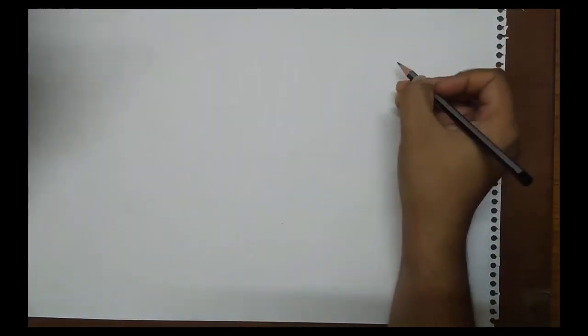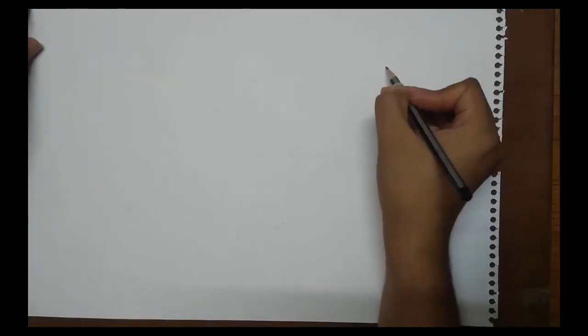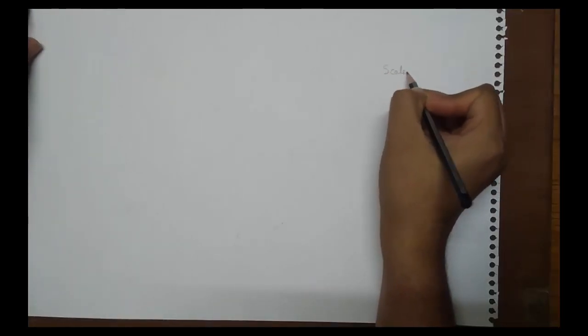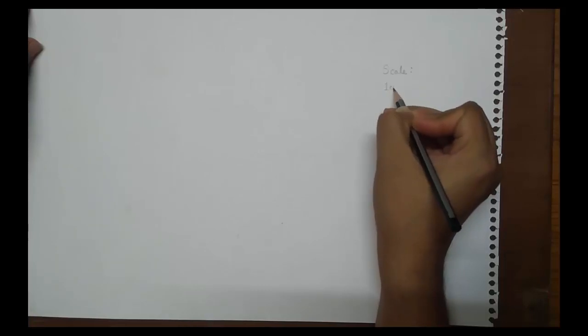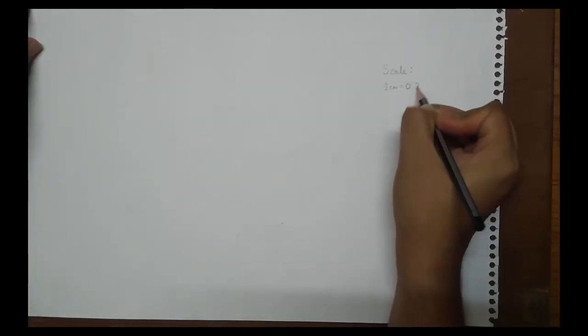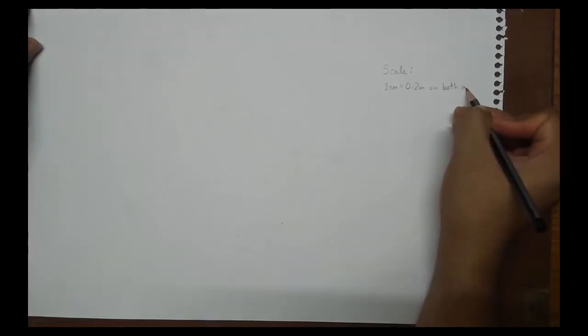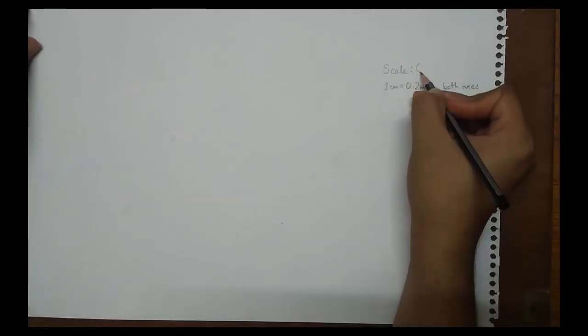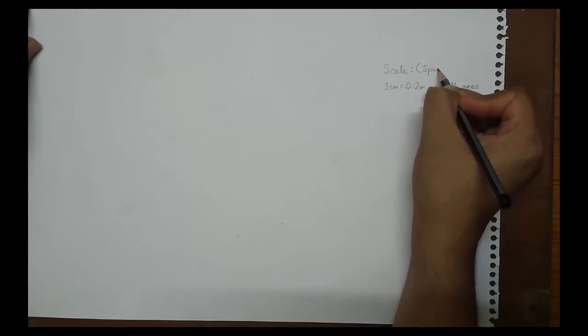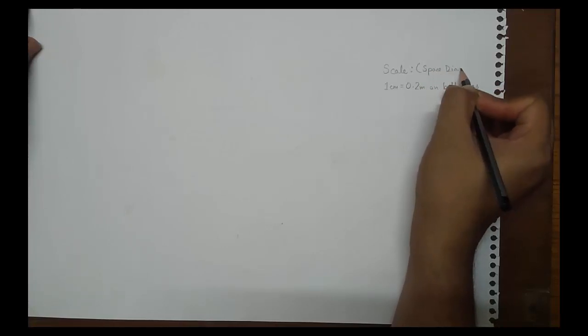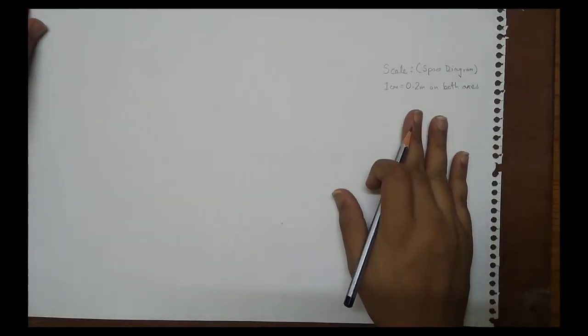Whenever drawing your space diagram, first you have to write the scale: 1 centimeter is equal to 0.2 meter on both axes. And what is this a scale for? This is a scale for space diagram, because we also have to draw a velocity diagram, and the scale for the velocity diagram might be different.